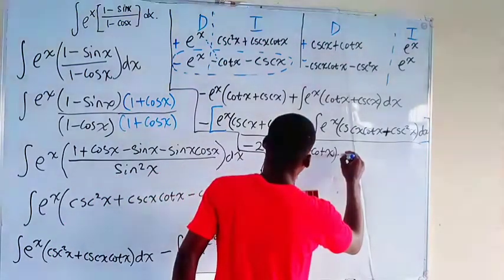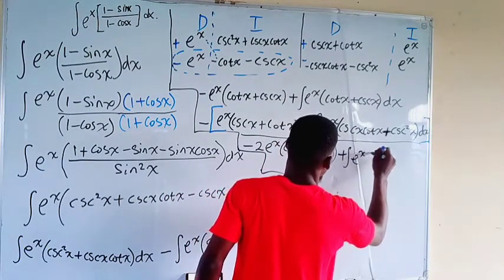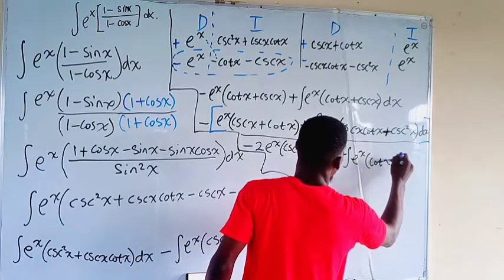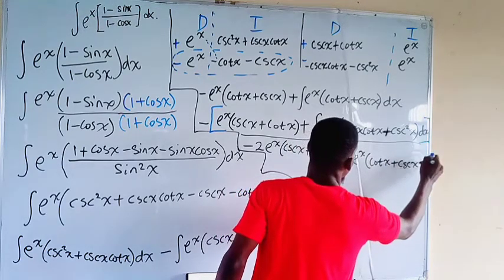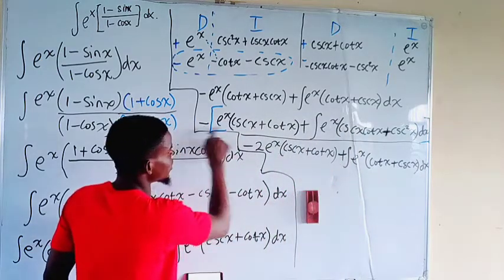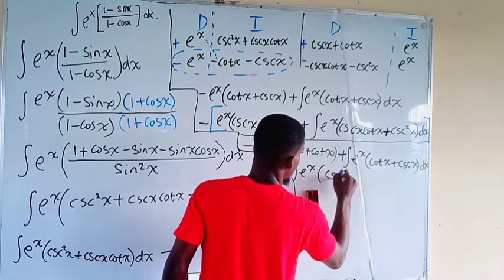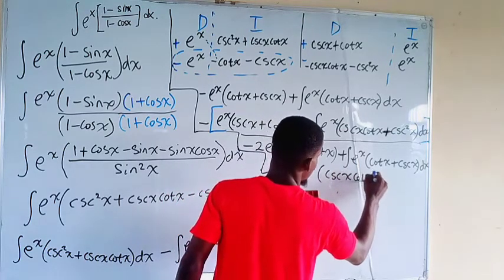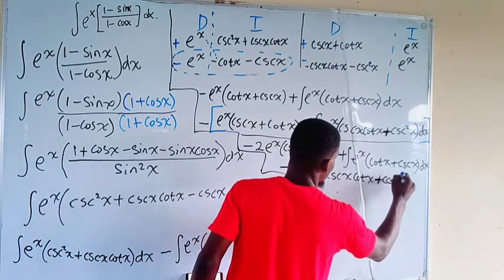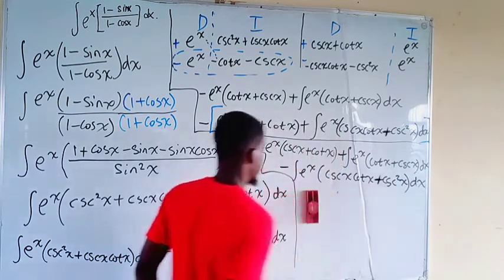That will become plus the integral of e to the power x, then cotangent of x plus cosecant x dx, and then minus the integral of this one, e to the power x, then cosecant x times cotangent of x minus cosecant squared x, and then we put down the dx like that.